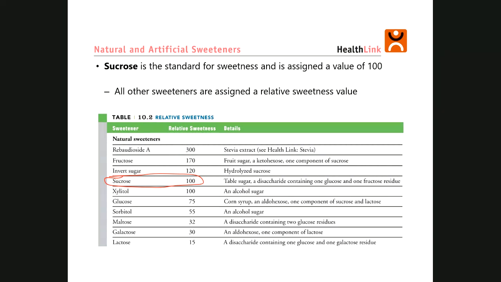So if you go down the list, xylitol is one of these alcohol, i.e. reduced sugars that are used as artificial sweeteners. That one happens to have the same level of sweetness as sucrose. Turns out glucose is less sweet than sucrose, than table sugar.